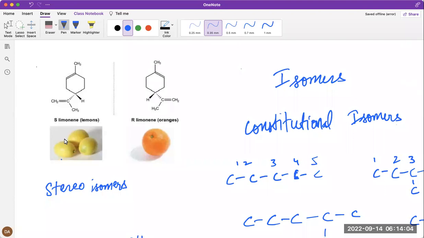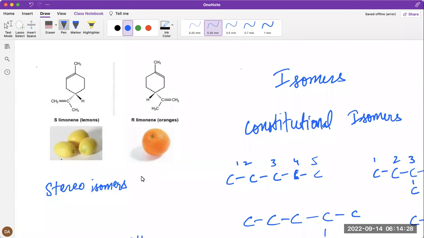There are sensors on the opposite side. So this simple experiment will tell us the difference in the molecule. If you take this molecule here, the limonene, which is the S-limonene, it will have a different optical activity compared to the orange limonene chemical.